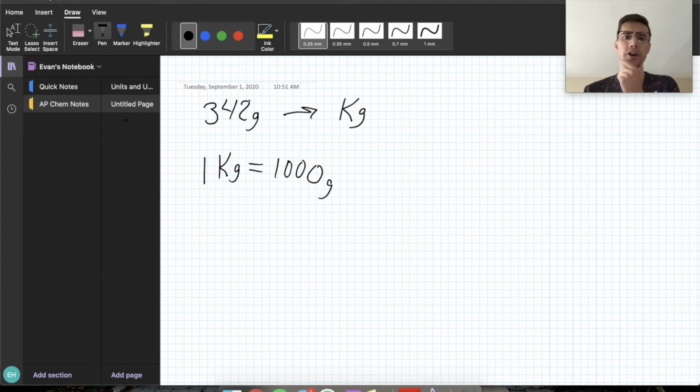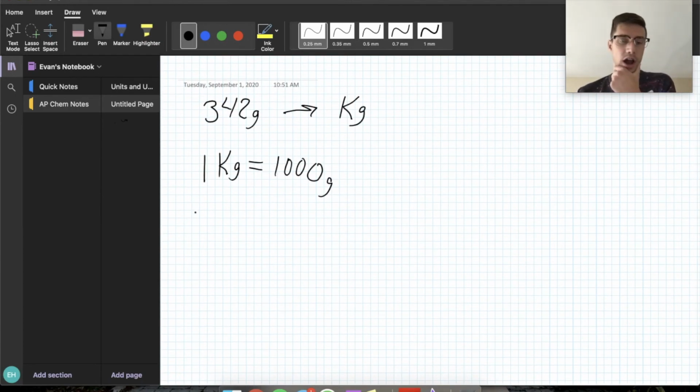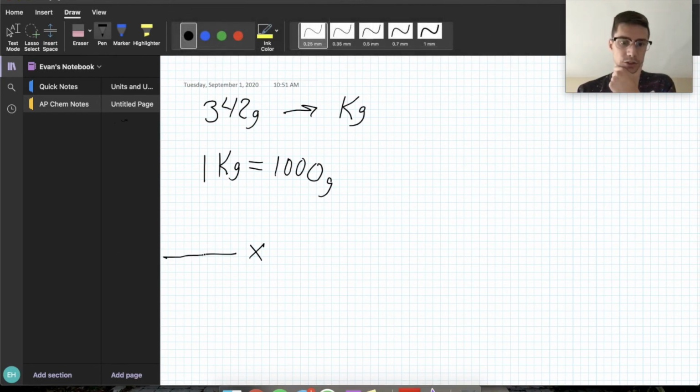So how do we convert from our starting value to something else using this conversion factor? Well, the easy way to do it is I always do it like this, okay? Draw a line, draw a multiplication symbol, draw another line, and then your equal sign.